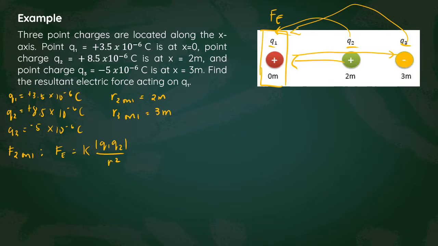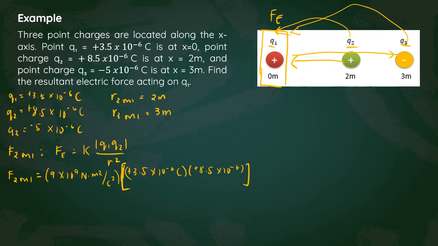So if we substitute our values, force 2 on 1 is equal to Coulomb's constant, that's 9 times 10 raised to 9 newton meter squared per coulomb squared, multiplied by the product of Q1 and Q2, that's positive 3.5 times 10 raised to negative 6 coulombs, multiplied by positive 8.5 times 10 raised to negative 6 coulombs, over the distance between them squared.